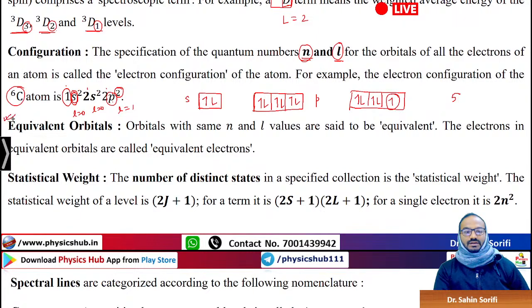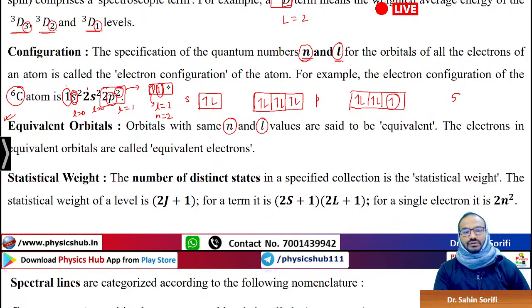Now equivalent electrons. If you consider this, let's say s2 or p2 or p6, whatever you have, orbital with same N and L values. For example, 2p2 here has 2 electrons, right? For this electron, L value is 1, N value is 2.